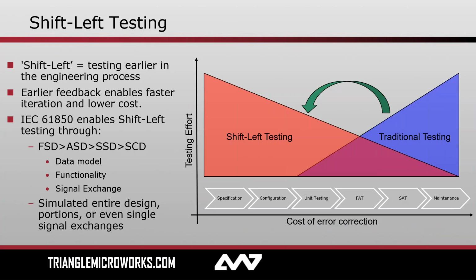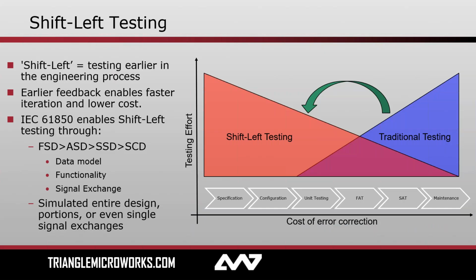A concept that comes over from the software world, which I first heard from a fellow industry professional, Keith Gray, another convener of Working Group 10, is shift left testing. This is something I would say we at Triangle have been pushing for some time, but maybe not by this name. I really liked the idea and the graphical way it's shown here.